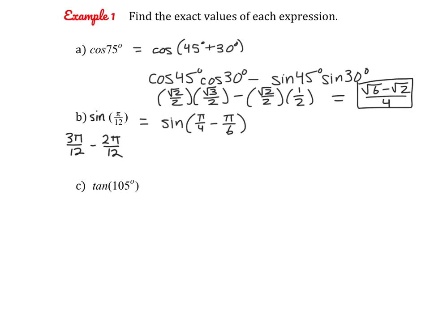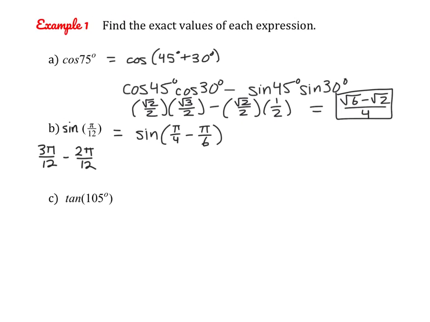So here we're going to use a difference formula for sine. Remember, it goes sine, cosine, cosine, sine. So we do sine of pi over 4, cosine, and then cosine, and then sine. Sine, cosine, cosine, sine. And notice that the order here matches the order here.